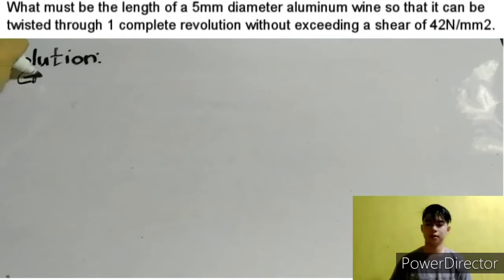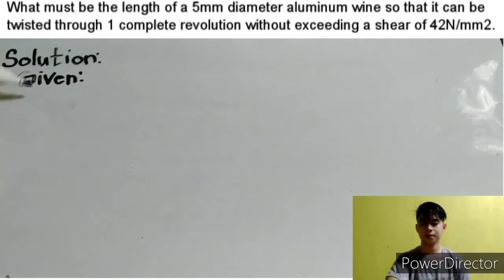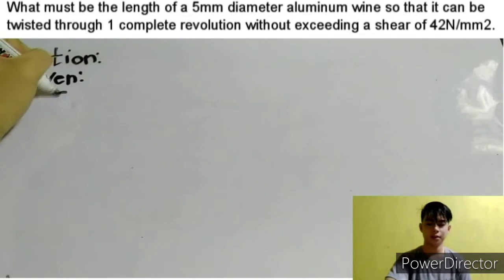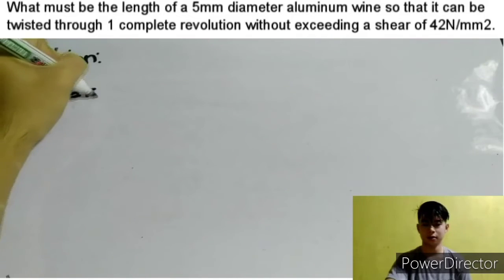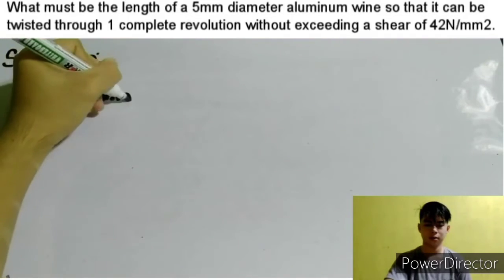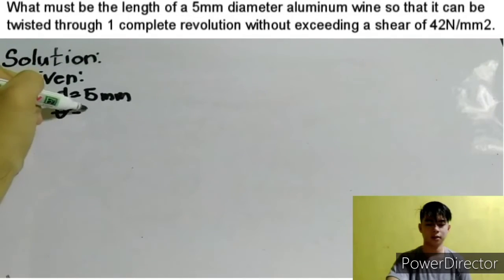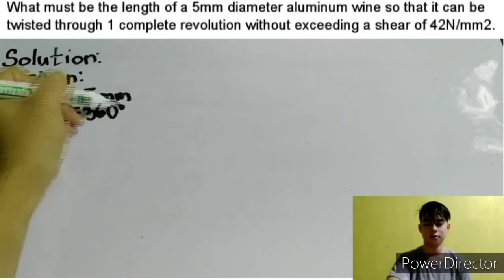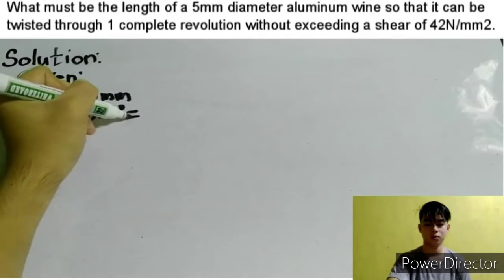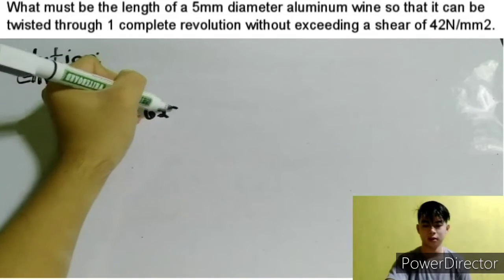So our given are: our diameter is 5 millimeter. Then our angle is 360 degrees, which equals 6.283 rad.